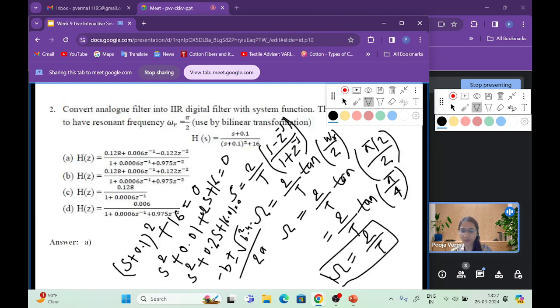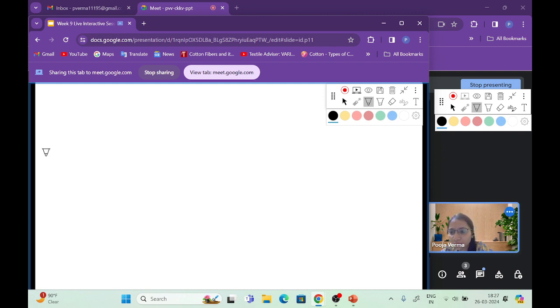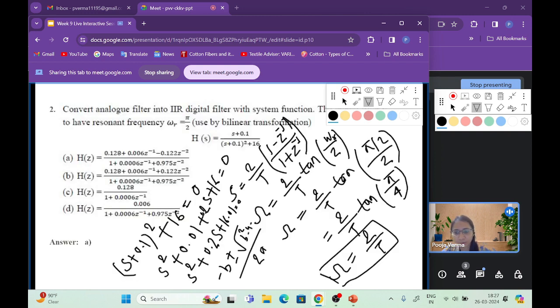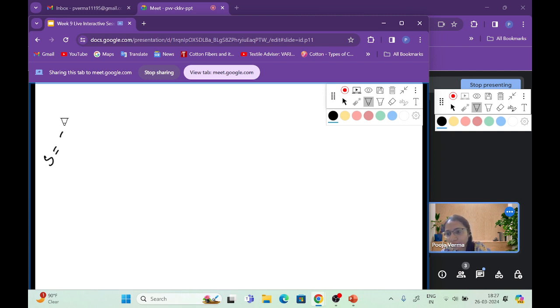Now I am taking the other slide because we are not able to solve it here. After getting the poles, s is equal to minus b, which is minus 0.2, plus or minus the square root of b square, that is 0.2 square, minus 4ac, where a is 1 and c is 16.01, divided by 2a, where 2a is 2.